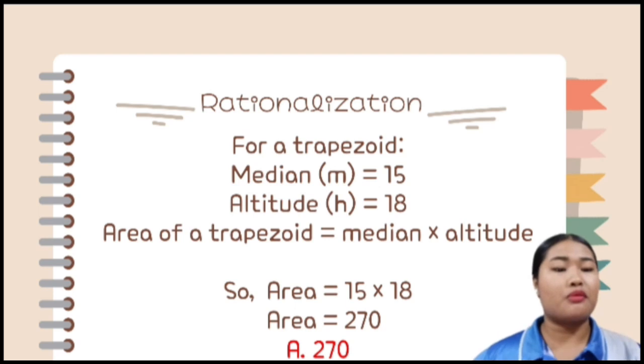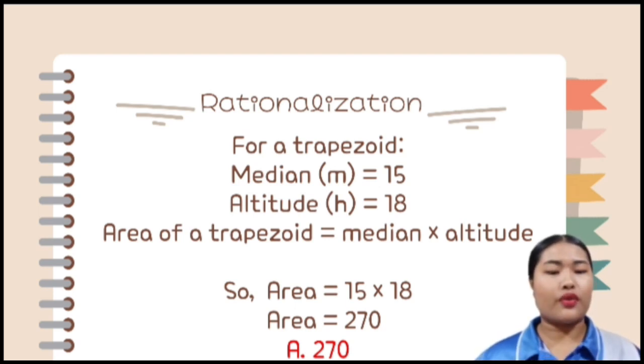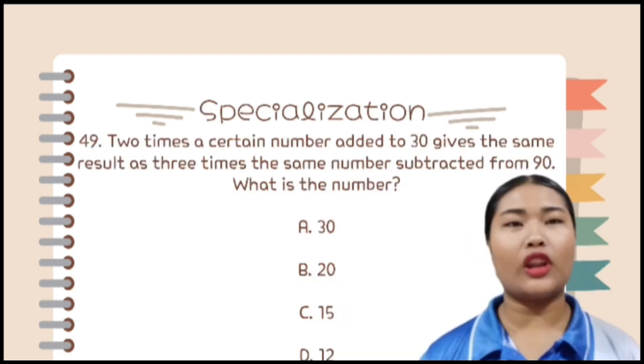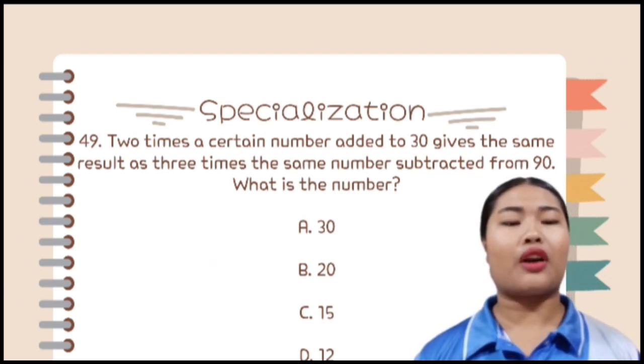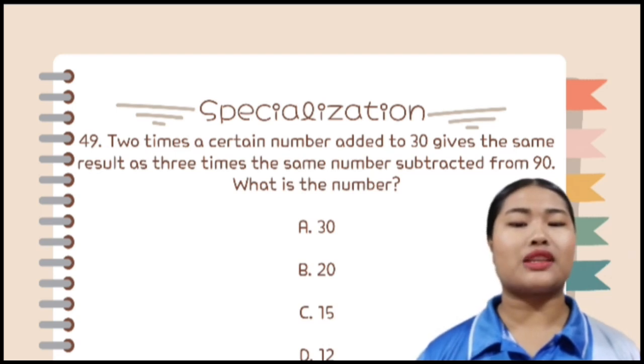Number 49. 2 times a certain number added to 30 gives the same result as 3 times the same number subtracted from 90. What is the number? Letter A, 30. Letter B, 20. Letter C, 15. Or letter D, 12. Let x be the number. 2x plus 30 is equal to 90 minus 3x. We have to combine all the like terms.